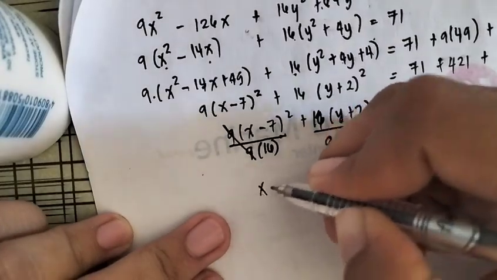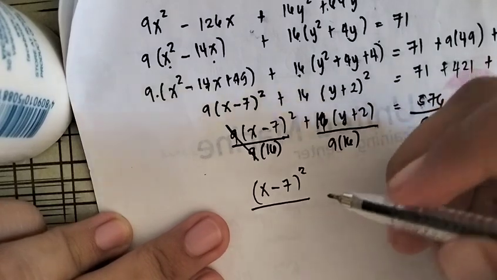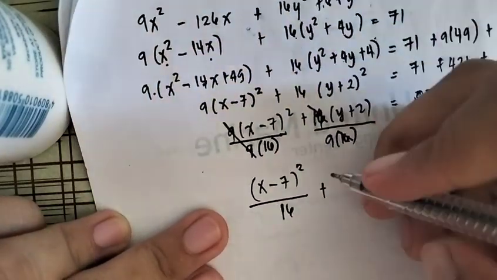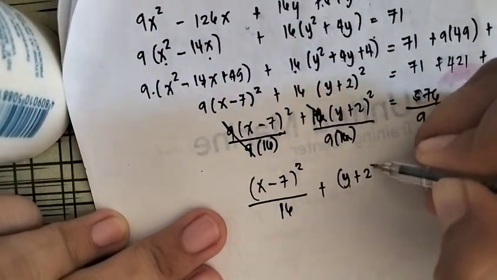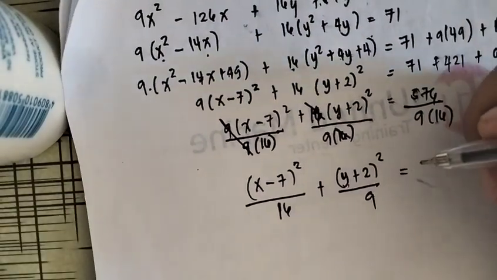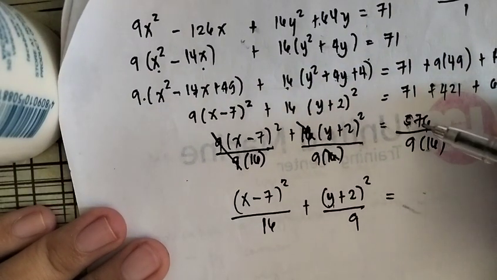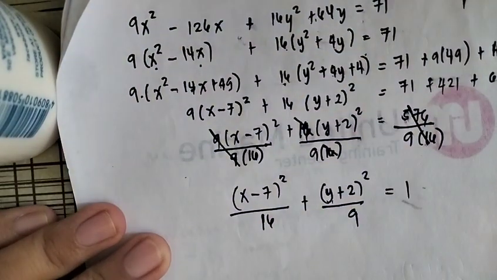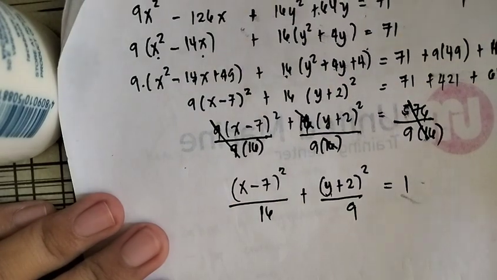So, binan kag x minus 7 squared over 16 plus, so kani cancel tang 16. Binan kag y plus 2 squared over 9. And then, pila man eh? 9 times 16, pila? That is 576. So, cancel. That is equal to 1. Ano na din guys, standard equation.